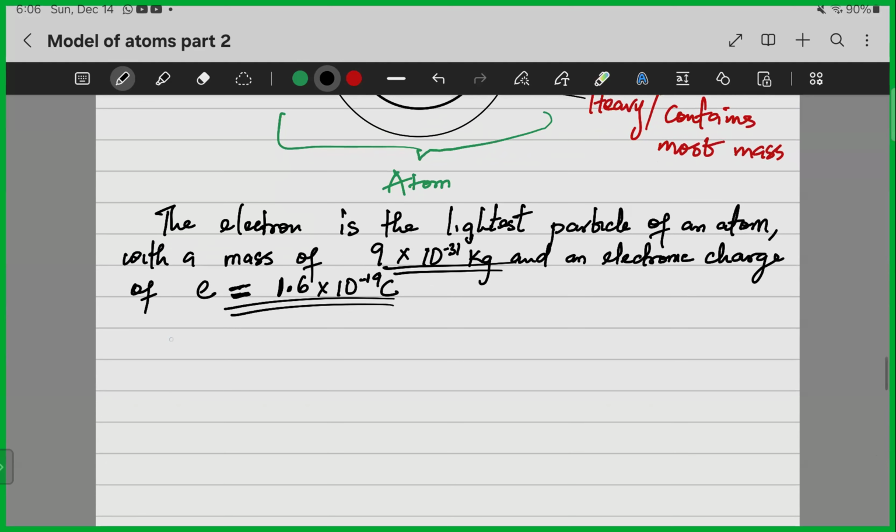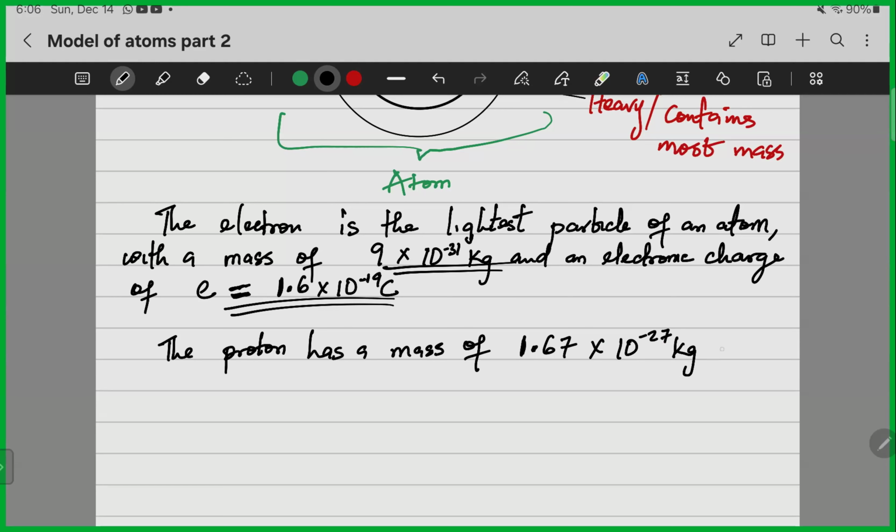Now the proton has a mass of 1.67 times 10 to the power of minus 27 kilogram, which is... see how much larger the proton is compared to the electron.